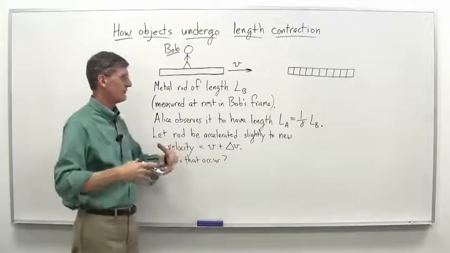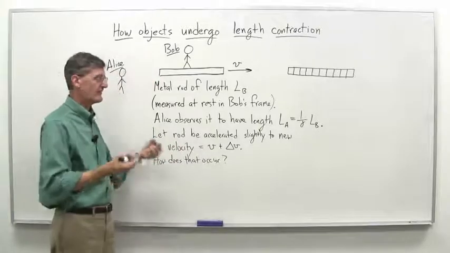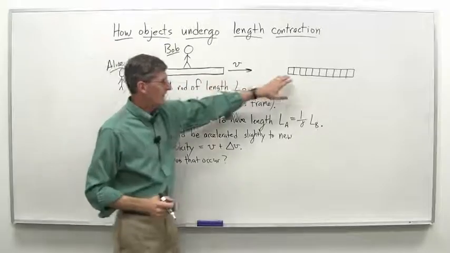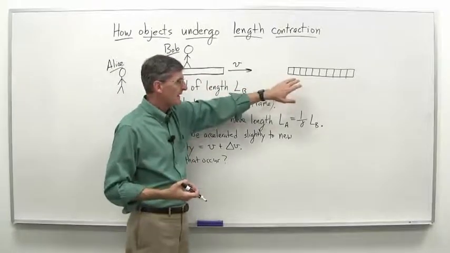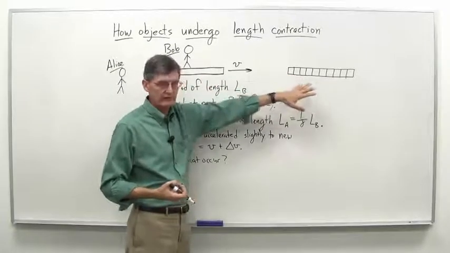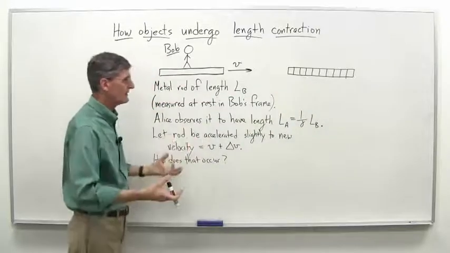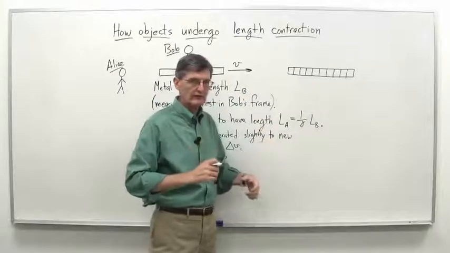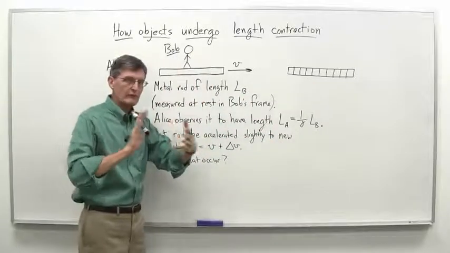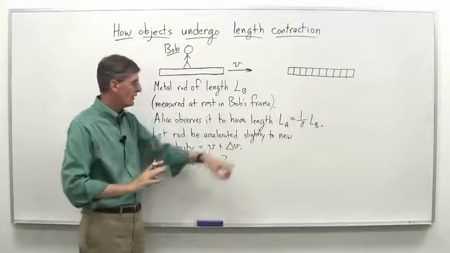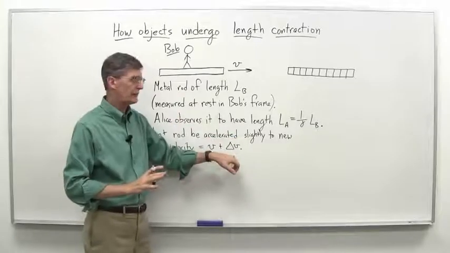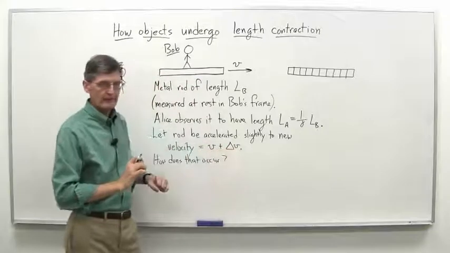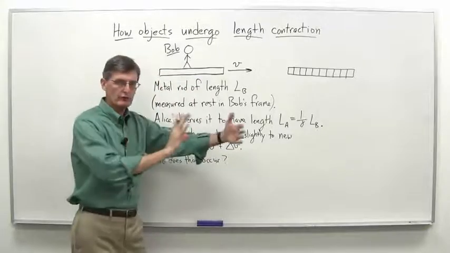Or we could just have Bob, if you really want to be somewhat fanciful about it, say he just has a mallet and he needs to, at a given instant in time, hit each little slice with the mallet. Or at a given instant in time, simultaneously for all of them, he will turn on the little rockets he attaches to each slice so that each slice moves exactly at the same time up to the new velocity v plus delta v. So each slice here gets just a little bit of push, so it has that extra velocity. And then the whole thing moves as one.